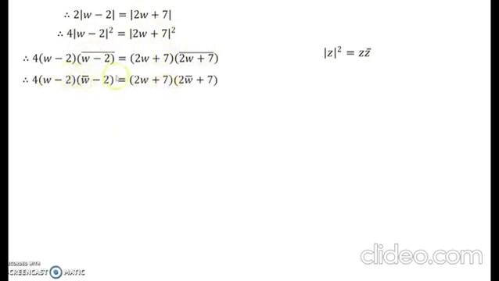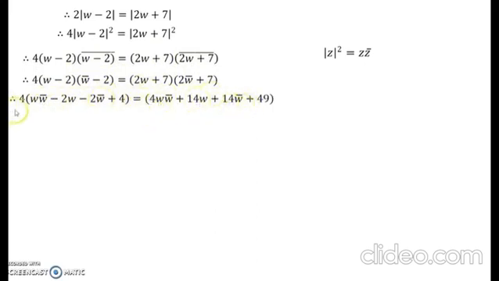Here −2 and 7 are real numbers. Therefore, we are keeping the bar only on w. Next we are multiplying the terms on the left-hand side and right-hand side. We will get the terms with 4 times the whole thing, and on the right-hand side we have the terms like that.